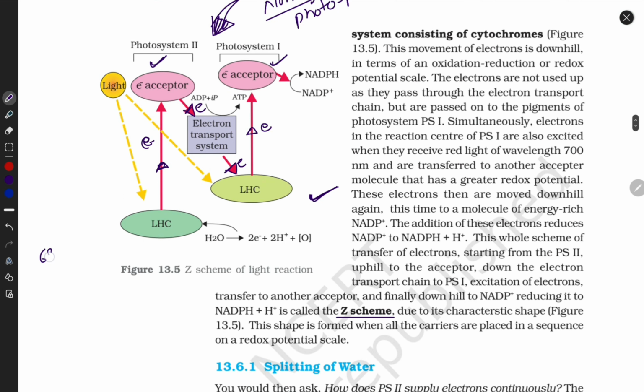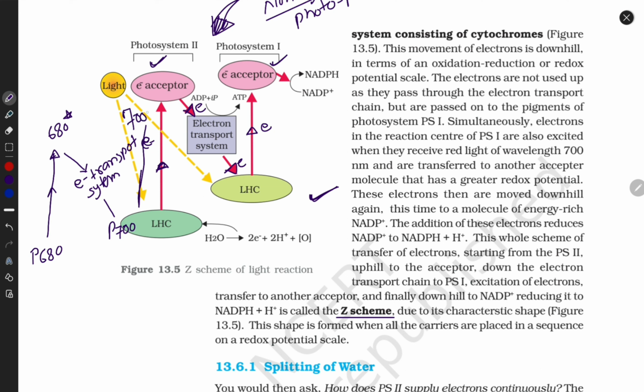Photosystem 680 is excited, and it passes its electron towards the electron acceptor. Then it passes its electron towards the electron transport system, and the electron transport system passes its electron towards P700, and P700 passes its electron towards the 700 electron acceptor, and they make energy. So the electron flow is in this kind of zigzag manner.